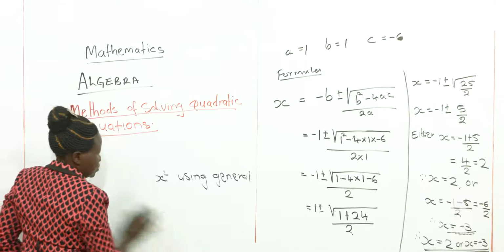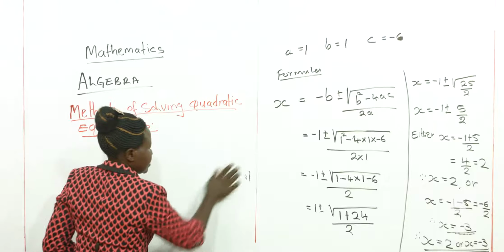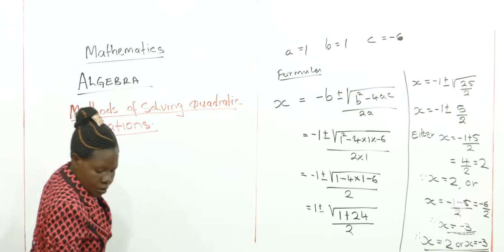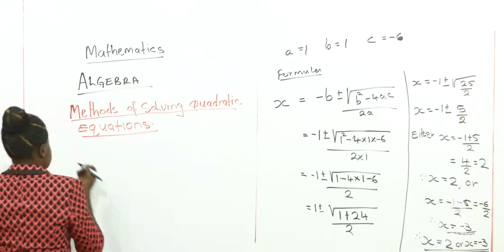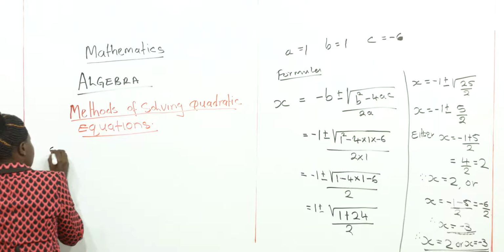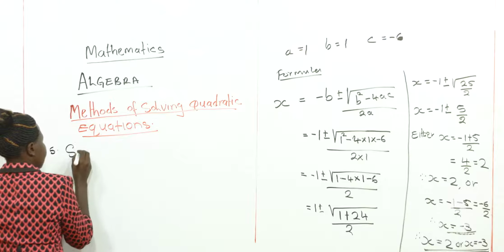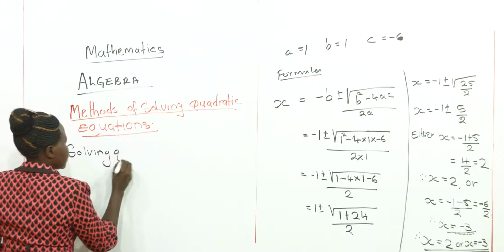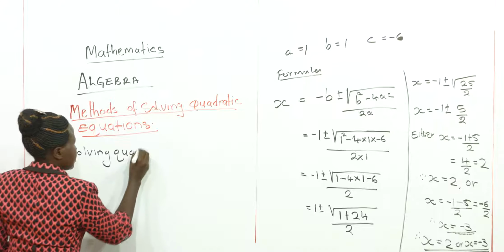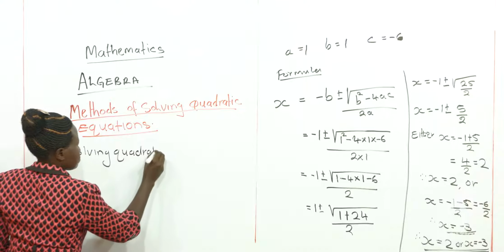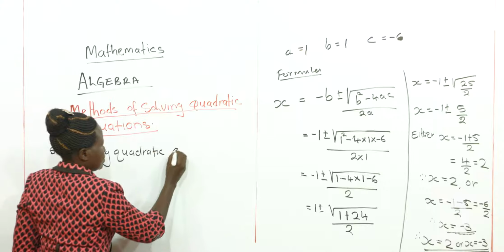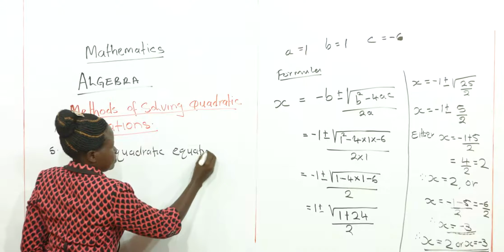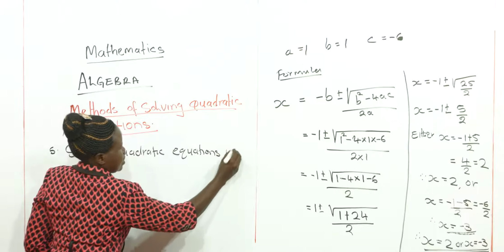So now we are going to look at the last method, that is method 5: solving quadratic equations using a graph.